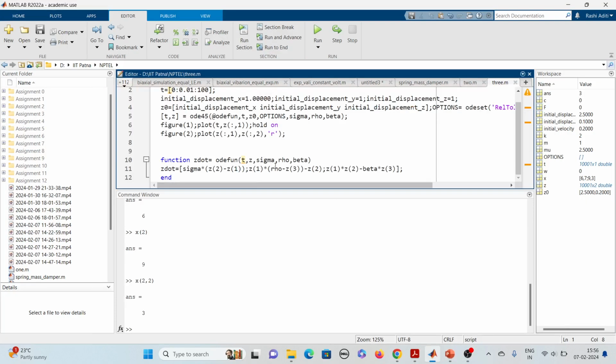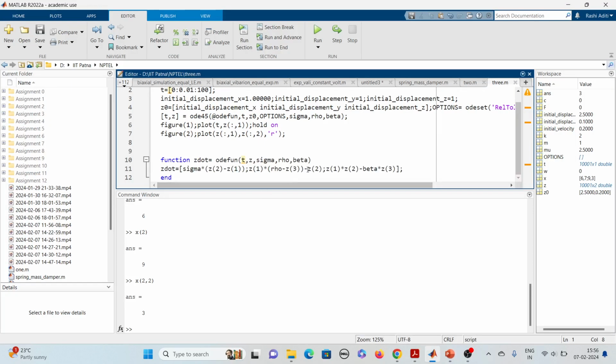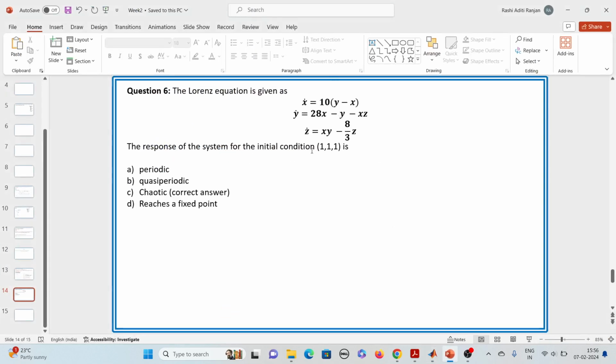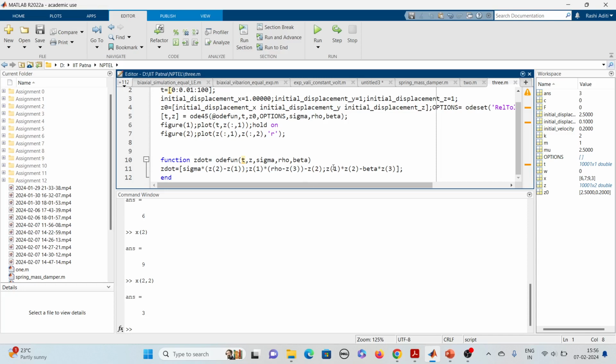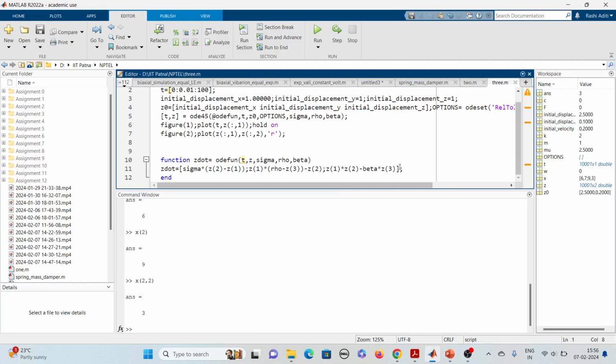I have taken x as common, and then I have 28 minus z, z is here z3, minus z2, which is y. Then I have z dot, which is x y, z1 into z2, minus beta into z3. And I have beta as 8 by 3 and into z. So this is my equation.